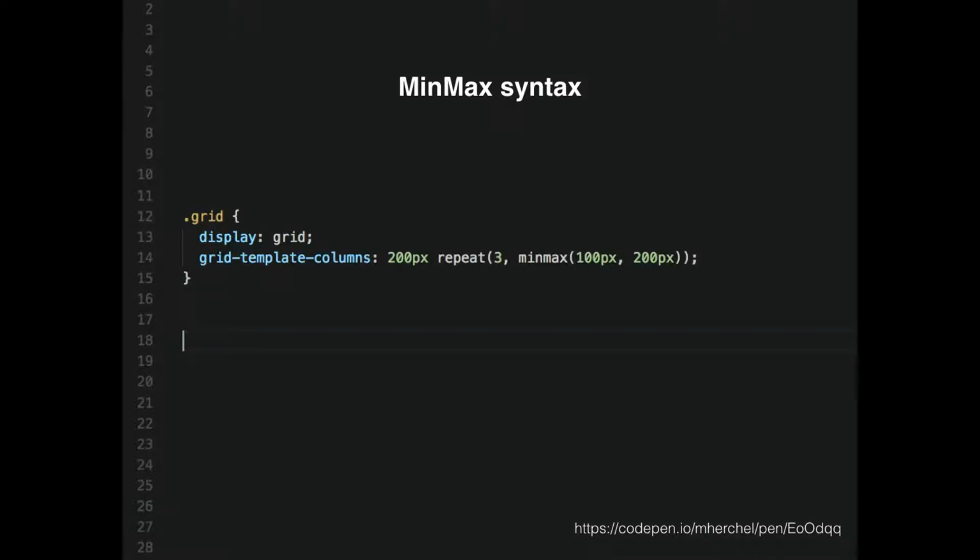You get your minimum and your maximum. What I'm doing right here is I have a 200 pixel fixed column that's always going to be 200 pixels no matter what. And then I have 3 columns that go between 100 and 200 pixels.